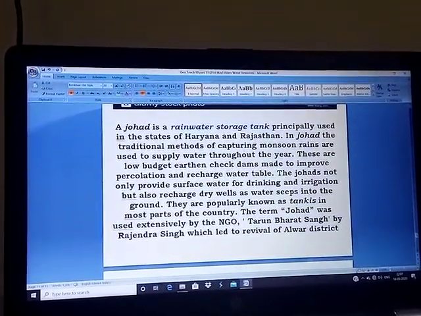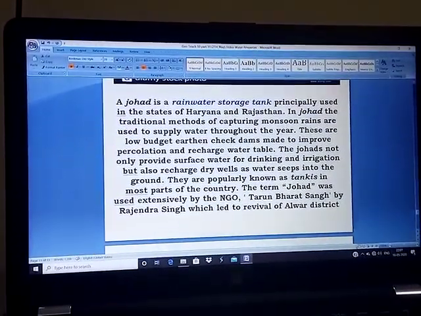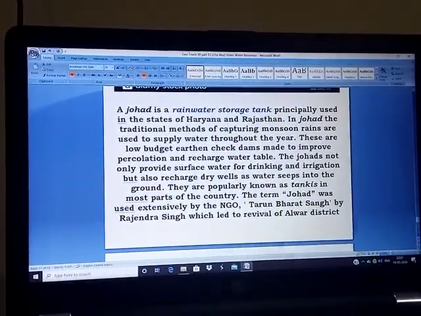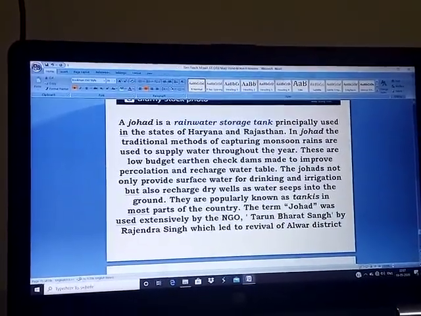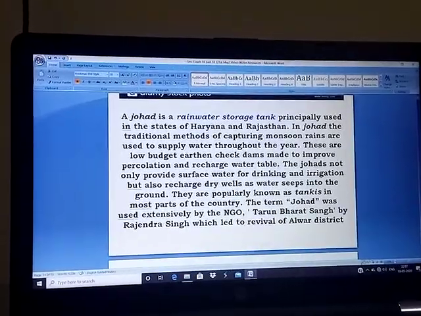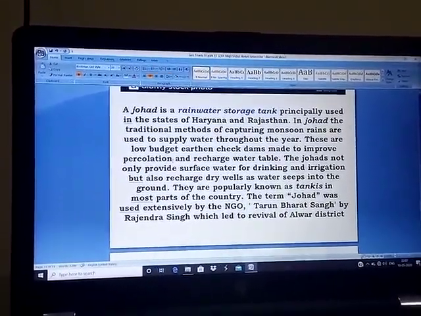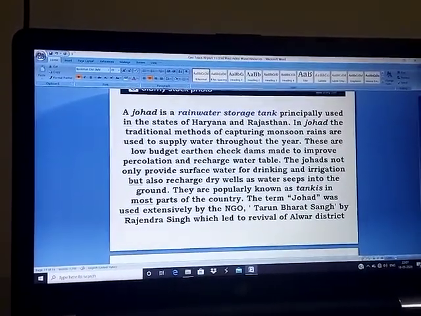In a Johad, the traditional methods of capturing monsoon rains are used to supply water throughout the year. These are low-budget earthen check dams made to improve percolation and recharge the water table.